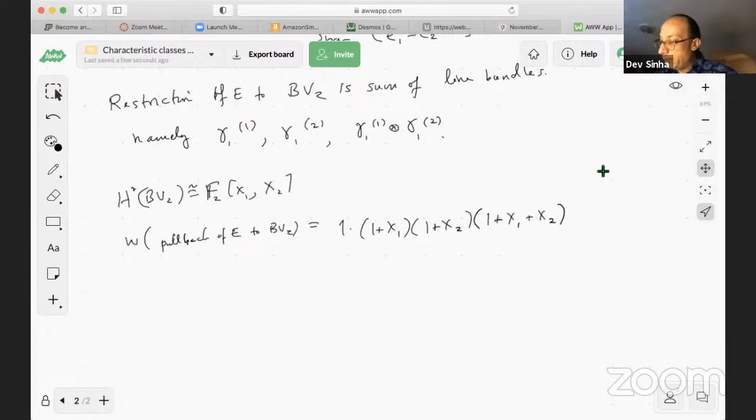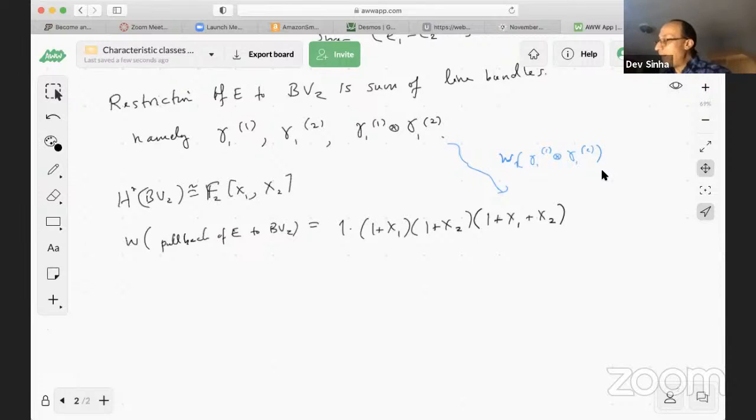That this tensor product has total Stiefel-Whitney class 1 plus x1 plus x2 in degree 1. So in other words, its first Stiefel-Whitney class, which is an Euler class, is the sum of those two cohomology classes.